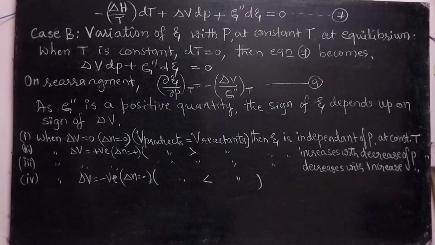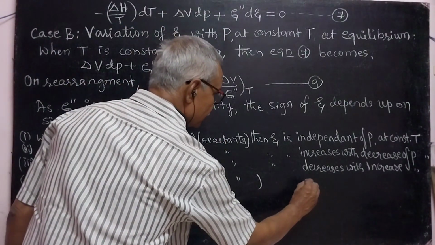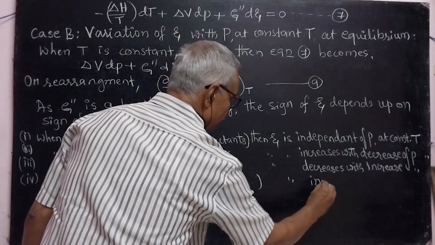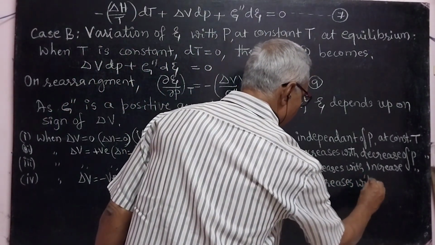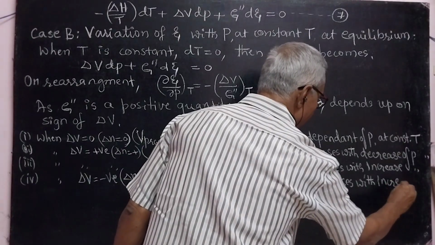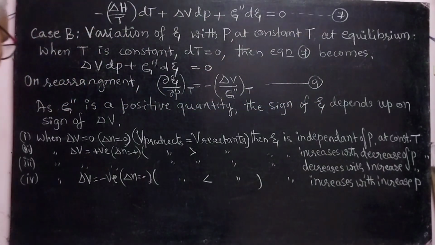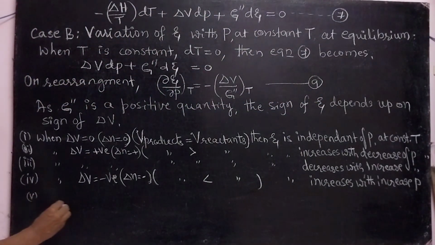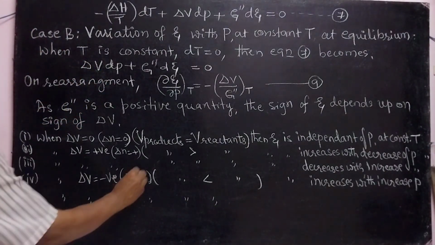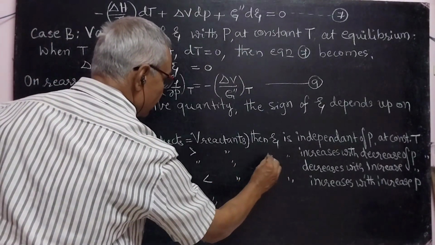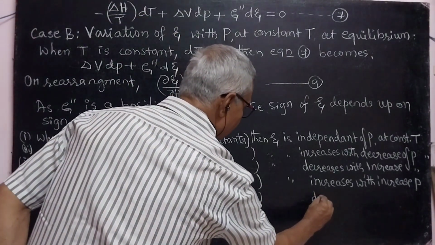Then as it is negative, ξ increases. Then fifth one, decreases.